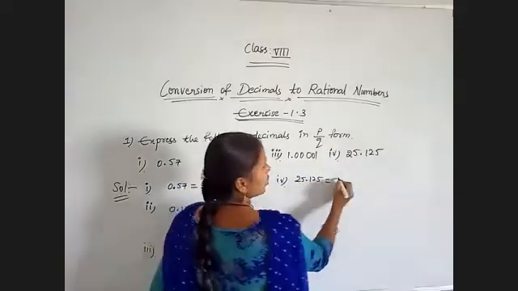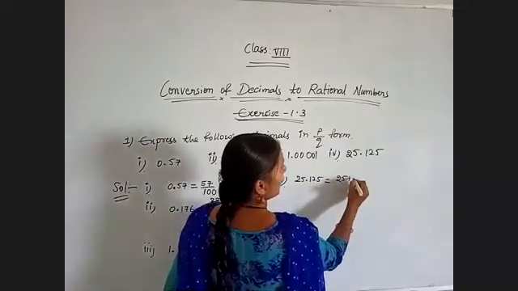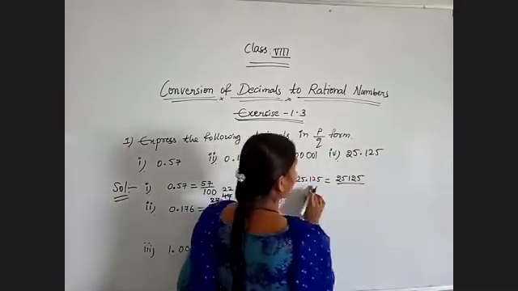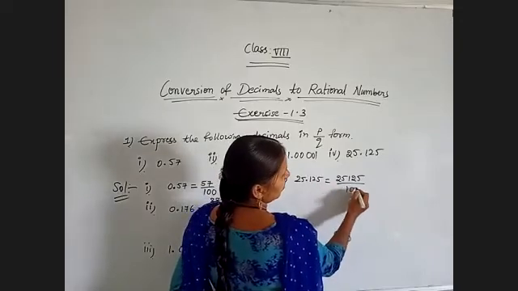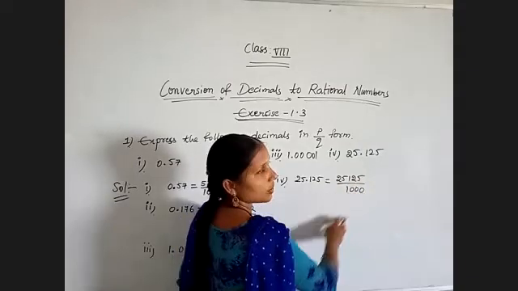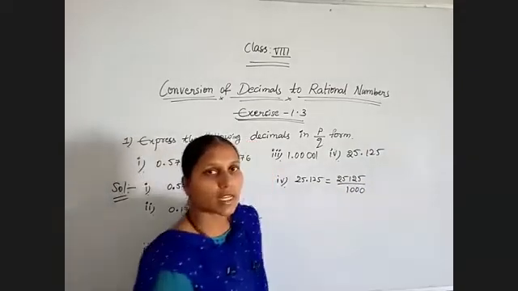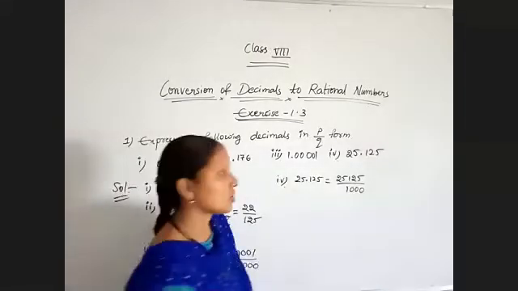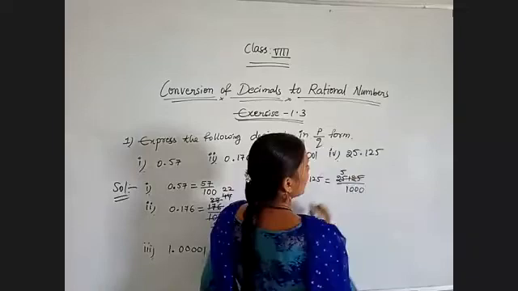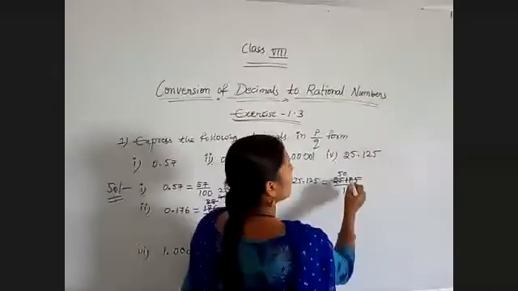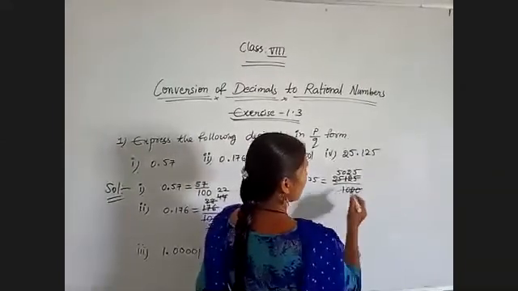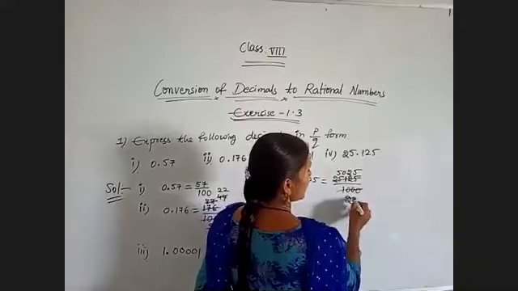25.125 is equal to, in the numerator we get 25125, by decimal digits are 3, so 1000. Now because here 5 and 0 are there, both will get cancelled in the 5 tables. 5 2s are 10, and 5 5s are 25.